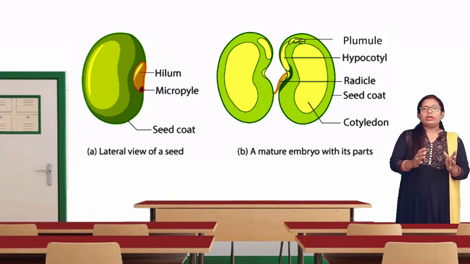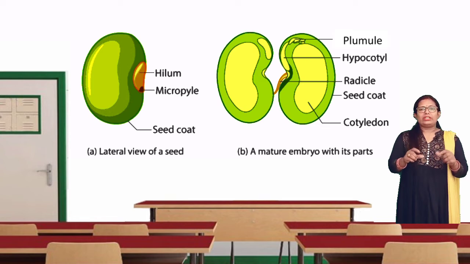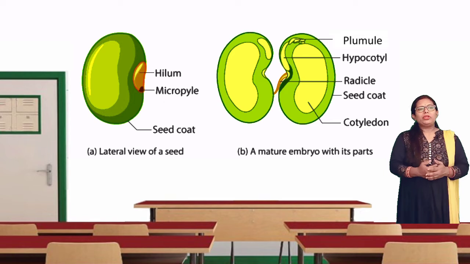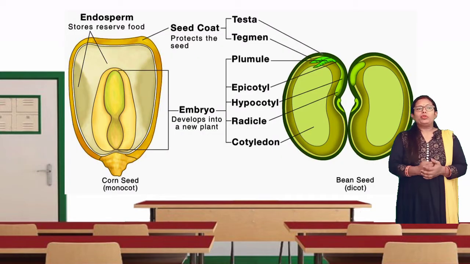It also consists of a leaf-like structure that is known as cotyledons or seed leaf. The embryo remains in inactive or dormant stage until exposed to favorable condition. The seed also contains food material for the nourishment of the embryo during germination, that is known as endosperm.